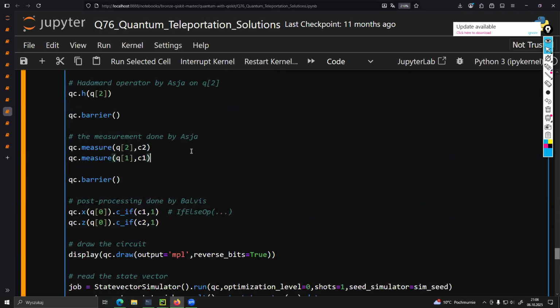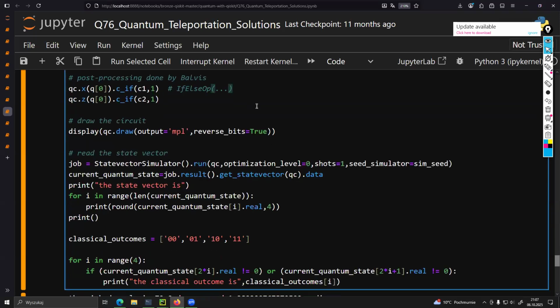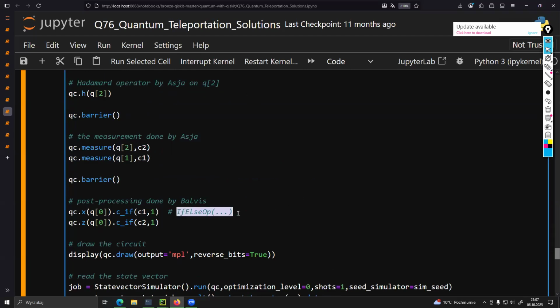Okay, so that was it for today's lecture. I'm sorry that I kept you 7 minutes longer than I thought, but I think I told you about pretty much everything that you need to know, and even more, because I have showcased some differences between Qiskit 2.1, 2.2, and Qiskit 1.0 with this if-else op.